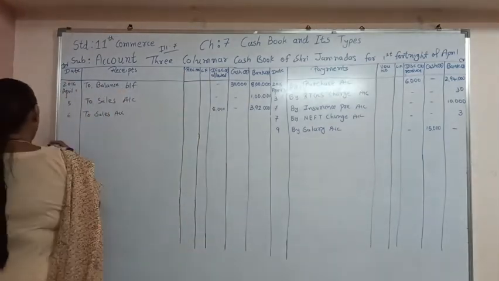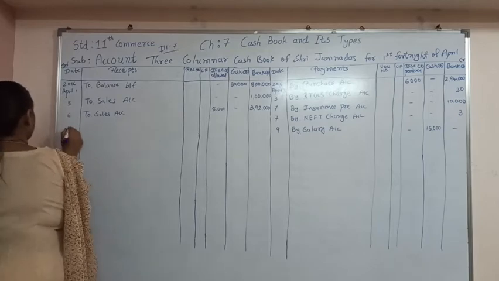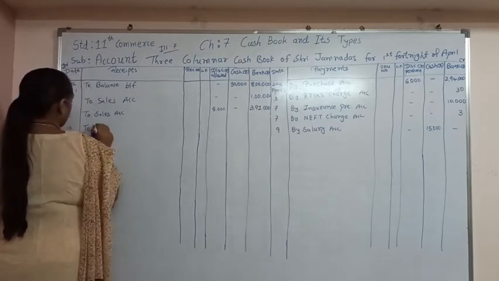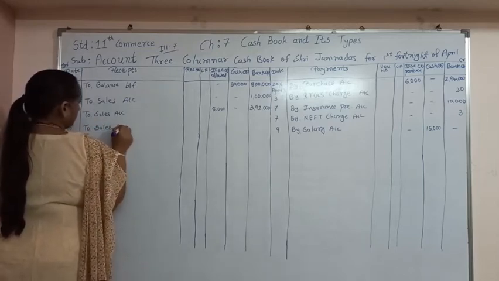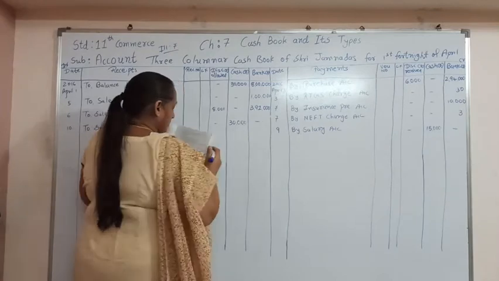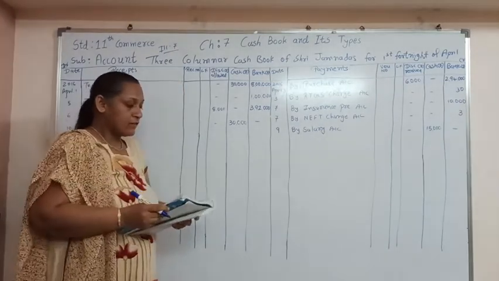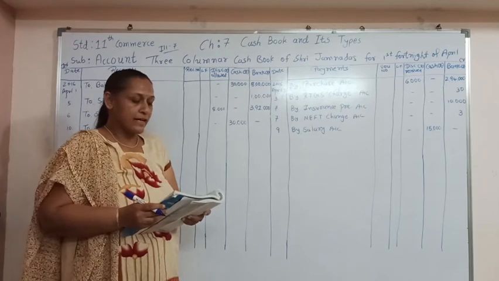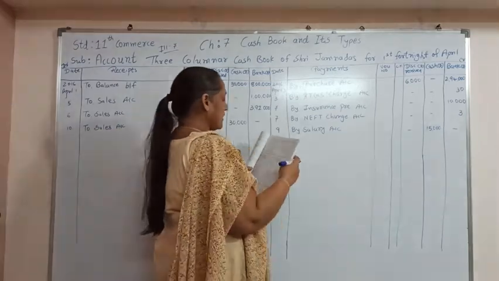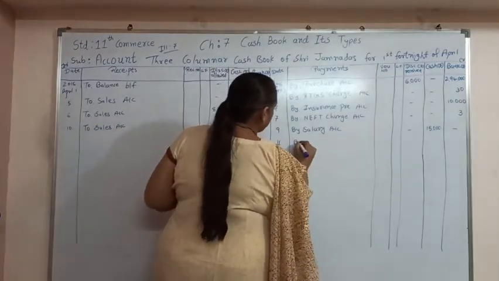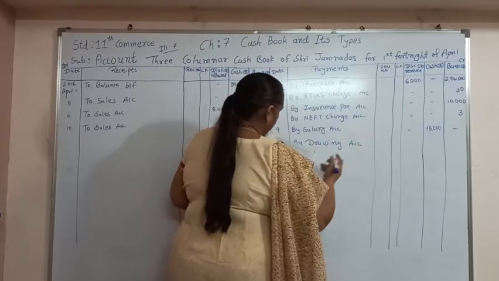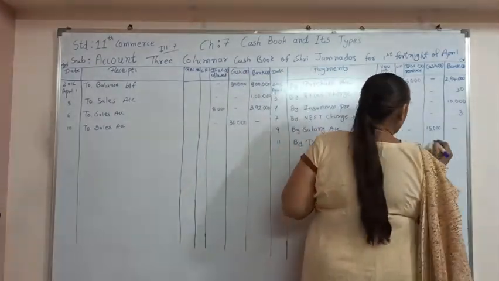By cash sales we have cash income, so it will be debited to sales account, and the amount will be 30,000. Now on 11, rupees 10,000 withdrawn from bank for personal expense. As personal expense is treated as drawing, that will be by drawing account, and the amount will be 10,000.